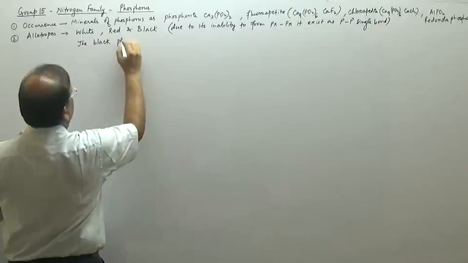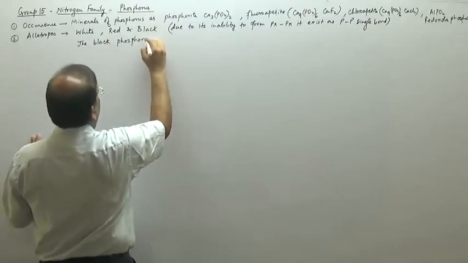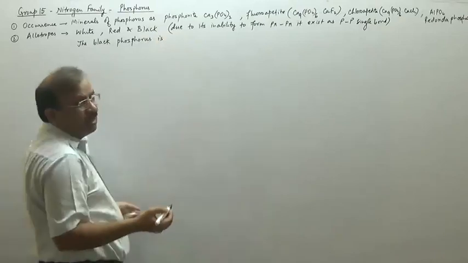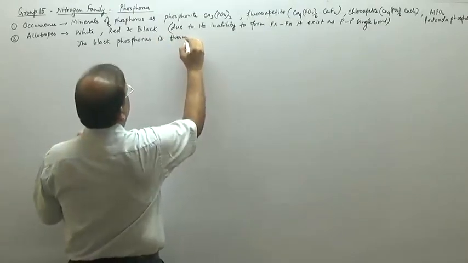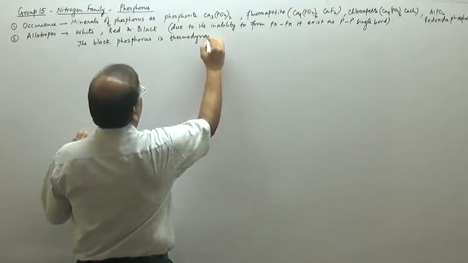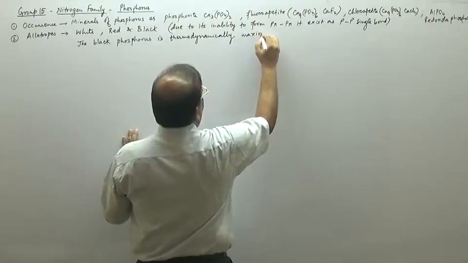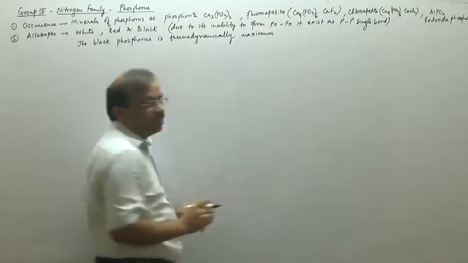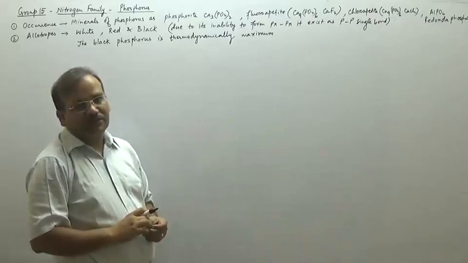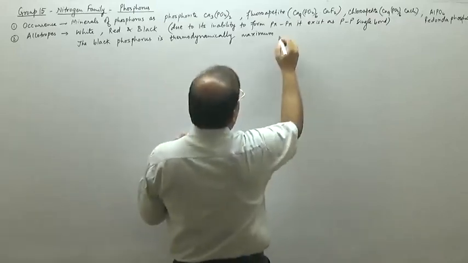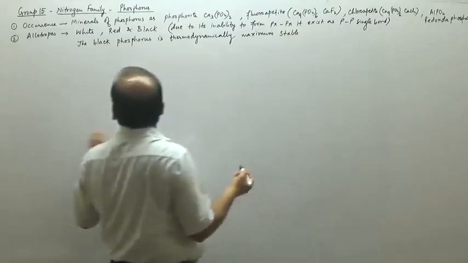So black phosphorus has maximum stability, thermodynamically, because of its structure, which has hexagonal rings, hexagonal sheets. So that is the allotropes.